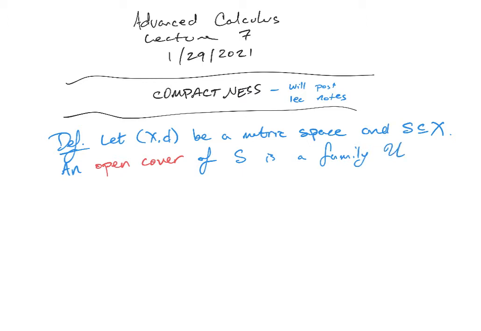An open cover is a family, and I'm going to use a script U for the family of open sets such that S is contained in their union. So the union would be the union of all the sets U that are in the family script U.